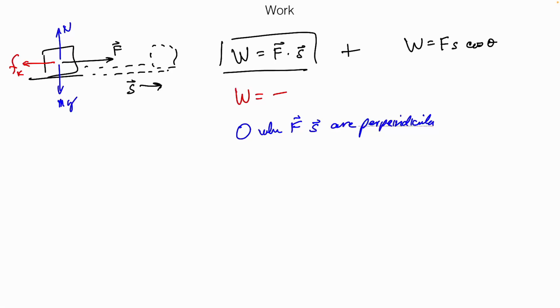But what happens if the force changes? Does your car's engine apply the same force to the tires all the time while you are accelerating? No. Matter of fact, it gets progressively weaker.